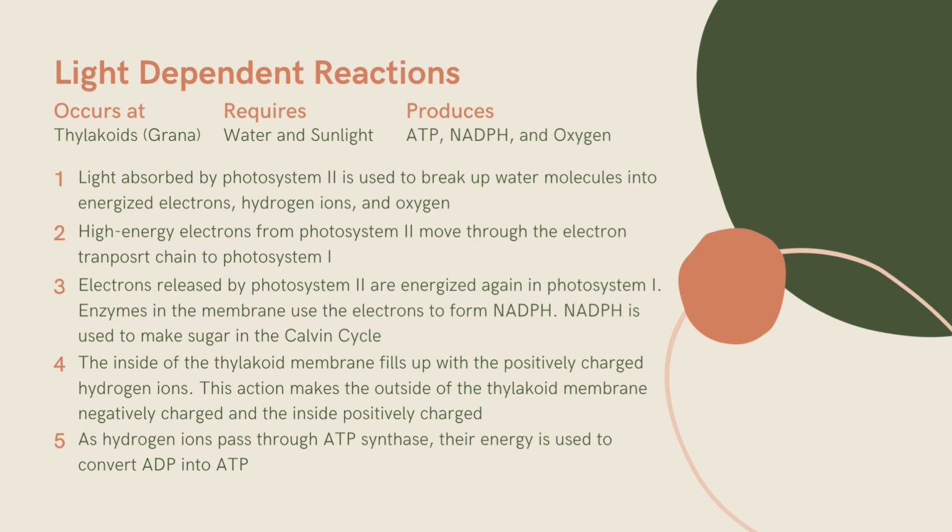So next, the inside of the thylakoid membrane fills up with the positively charged hydrogen ions. This action makes the outside of the thylakoid membrane negatively charged and the inside positively charged. As we are re-energizing the electrons transported from photosystem 2 to photosystem 1, hydrogen ions pass through the thylakoid membrane.